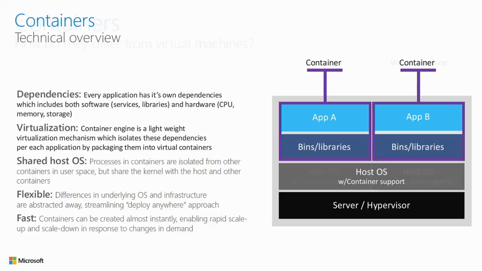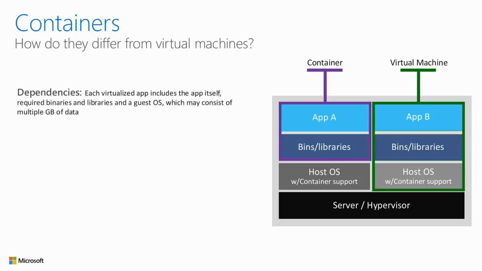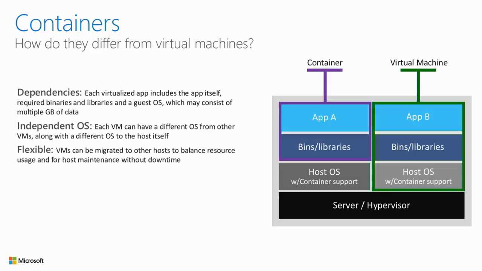Next slide. All right. So they basically differ from virtual machines in the fact that they're sharing the host kernel. Each container shares the same operating system, it shares the same resources, compared to a virtual machine where it'll get its own operating system if you're running discrete services in separate virtual machines.